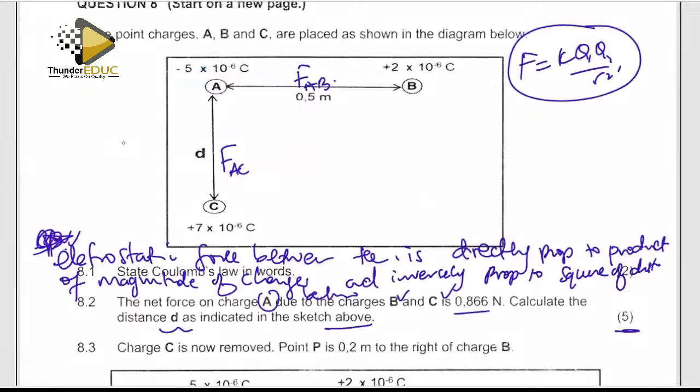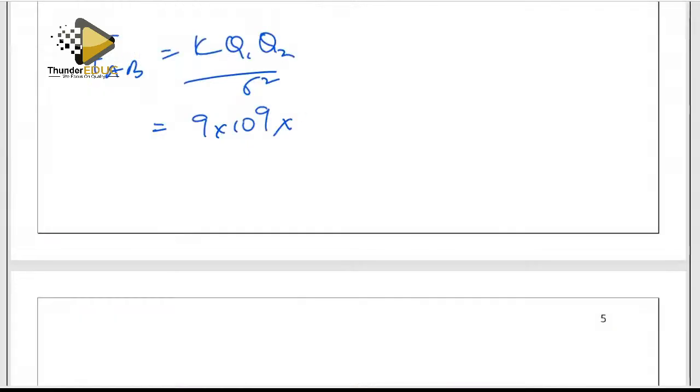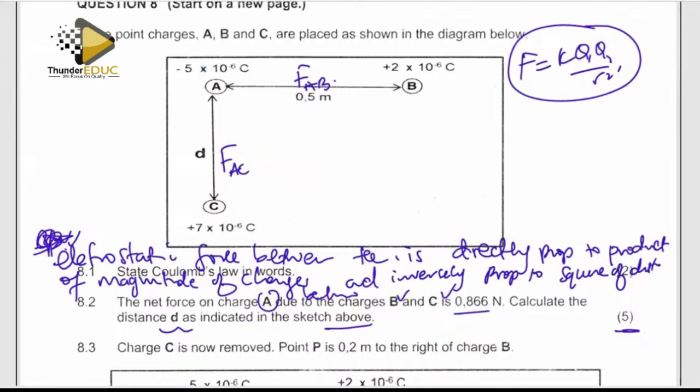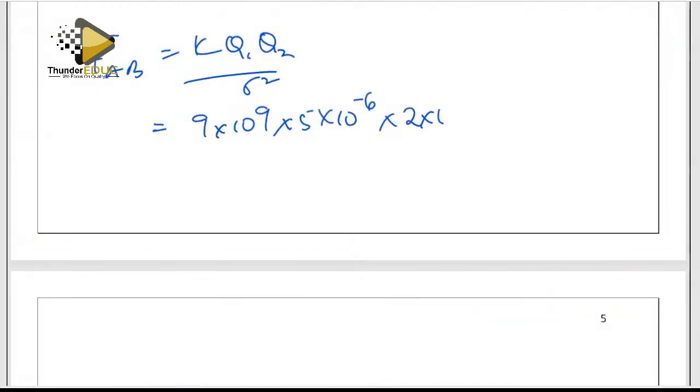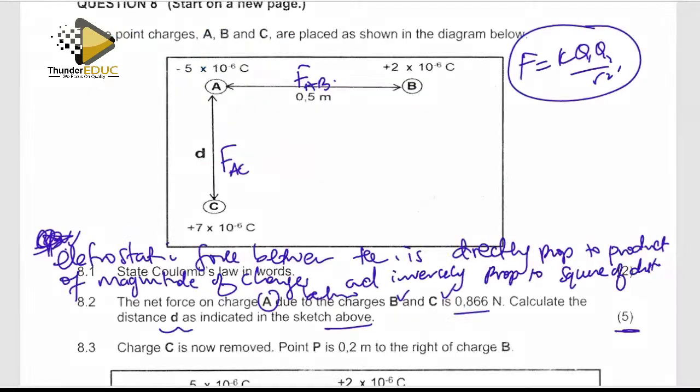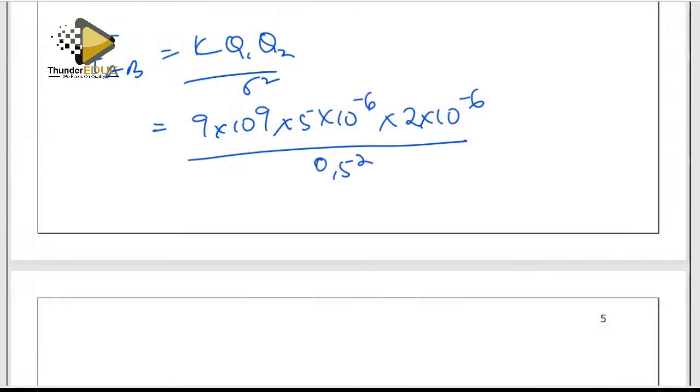The Q1, which is the A, is going to be 5 times 10 to the negative 6. This one is 2 times 10 to the negative 6 divided by the distance, which is 0.5 squared. Okay, when I punch that into the calculator, what are we getting?